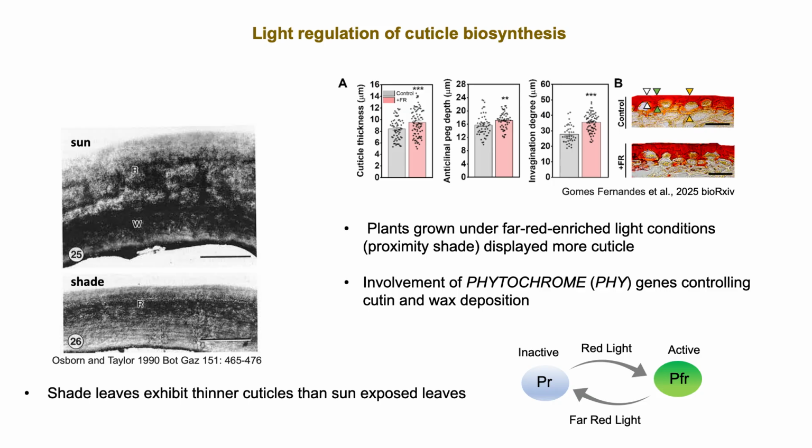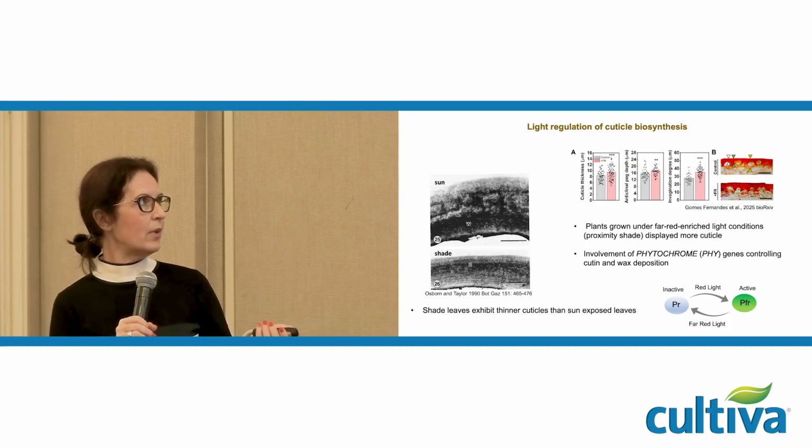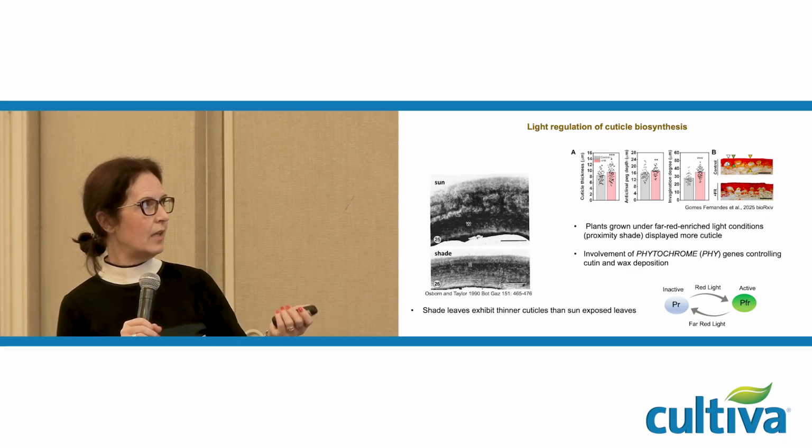This type of experiment has been done many, many times and is a classic. You take a tree and you compare leaves exposed to the sun, leaves that are on top of the canopy, and you compare them to the leaves that are in the very, very low part of the canopy of the tree. You realize that sun-exposed leaves have a much thicker cuticle.